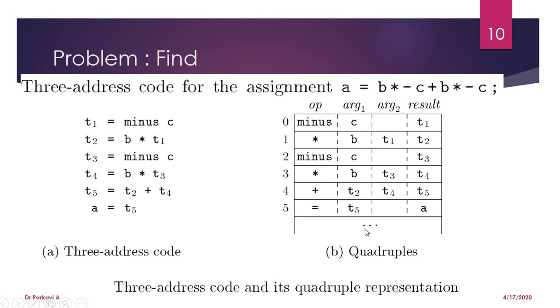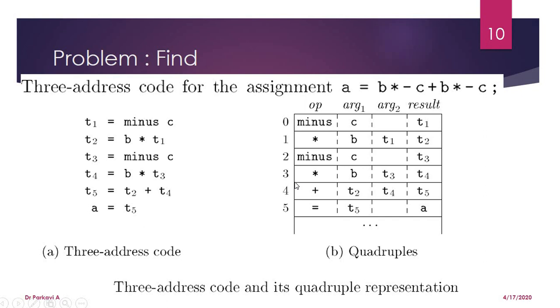After generating the 3-address code, here is the quadruple. The first one is minus c. Argument 2 is not there as it is a unary operator. The result will be stored in t1. Then multiplication is the second operation: b is the first operand, t1 is the second operand, and the result is stored in t2. The third operation is minus c, the result stored in t3.